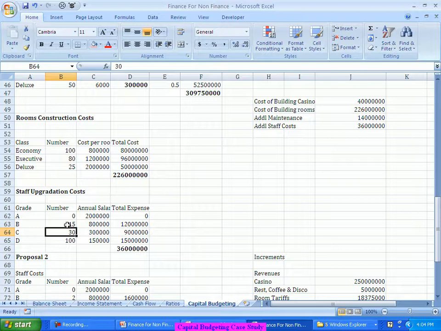So 30 extra for group C and 100 extra for group D. You already had 25 group B employees, so you need 40 now. So you are adding 15 more people. Similarly, you are adding 30 more group C and 100 more group D.